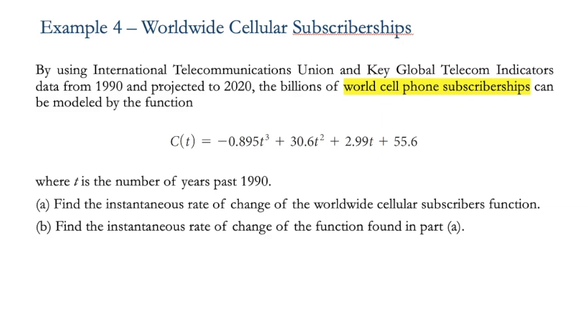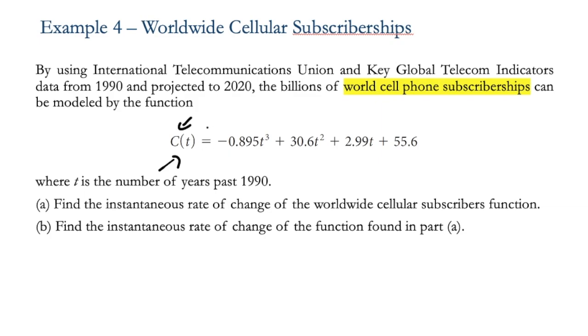You can also do it using this example here, using International Telecommunication Union Key Global Telecom Indicators data from 1990 and projected to 2020. The billions of world cell phone subscriberships can be modeled by the function here, where t is the number of years past 1990.